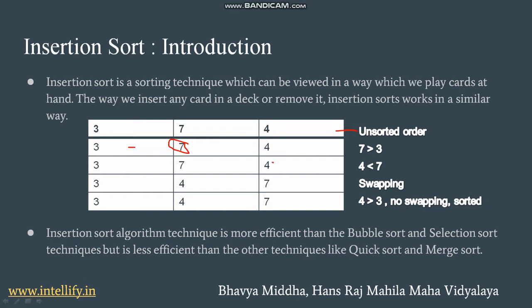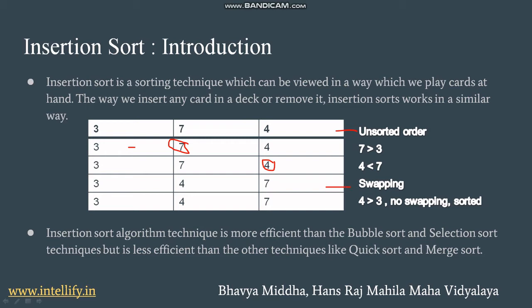Next, I go to the third element, the third card in my hand. I realize that 4 is less than 7. The third element is less than the second element. So I swap them. I put the card number 4 in front of the card number 7.